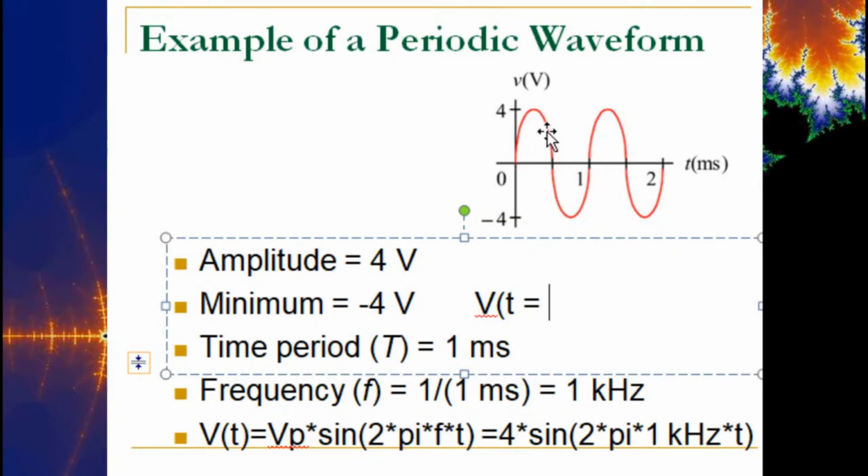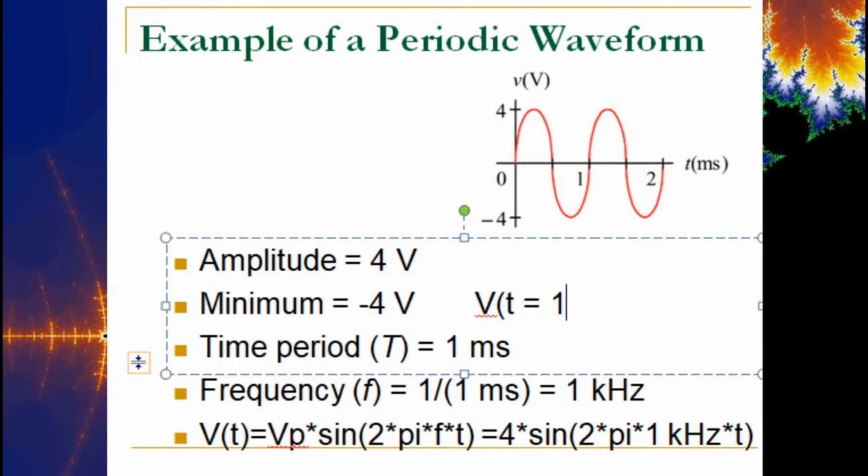Let's go ahead and do it out here. All right, so how about up here? So this is 1.5 milliseconds. Let's use 1.7, which is roughly right there. So we should get a positive voltage that is probably at least half. So I'm going to say probably 3.5 volts is my guess, right?